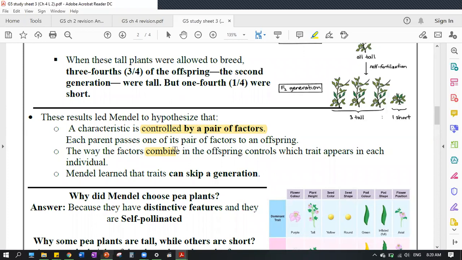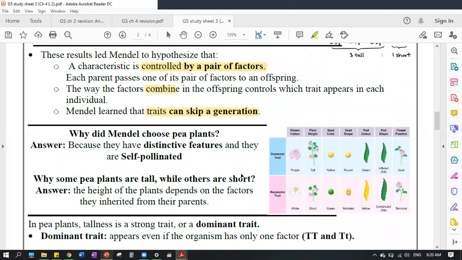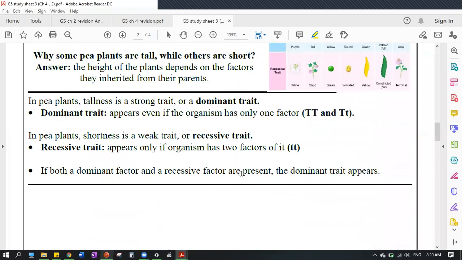Will it be dark hair or white hair, if we are talking about humans in here. Number three, he learned also that traits can skip generations, as we said. So from this, guys, we learned that those factors are called nowadays traits.